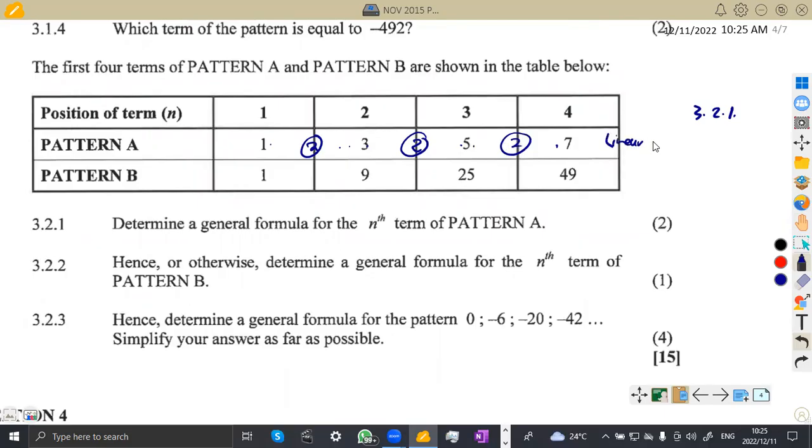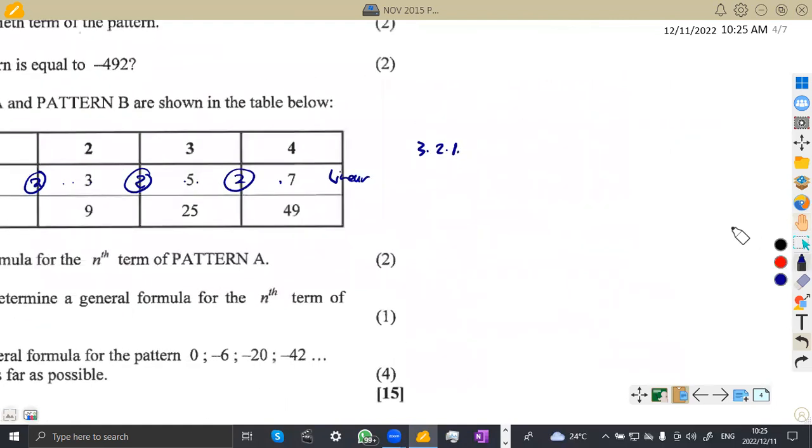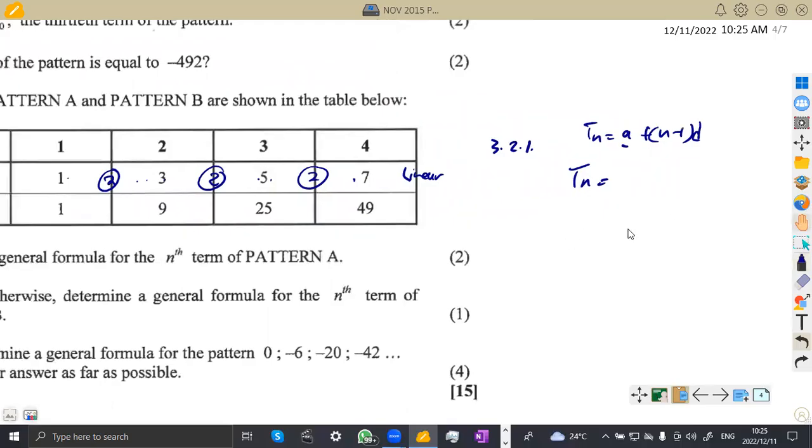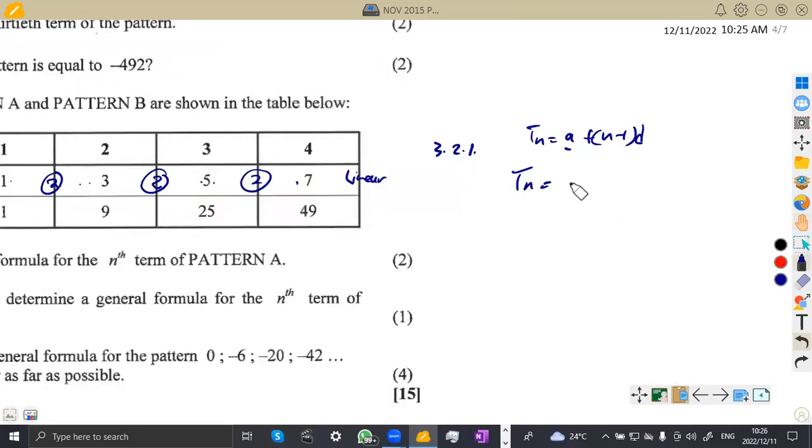So here we are dealing with a linear expression where we know that Tn, which is the nth term, is given by a plus n minus 1 times d, that formula that we talked about previously, where a is the first term and our first term of the pattern is 1. So it is going to be 1 plus n minus 1 times d, which is the common difference.